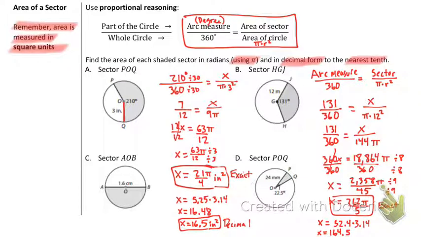All right, and same thing over here. So in example B, we're using meters, or m. So it's going to be m squared when we have area. So let's clean this up. And then our exact will be m squared as well, or our decimal.